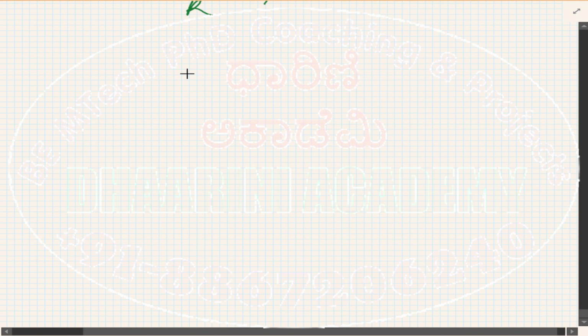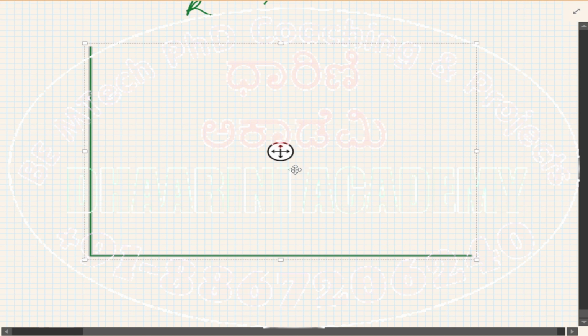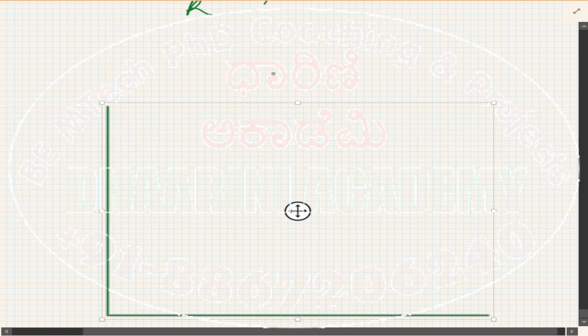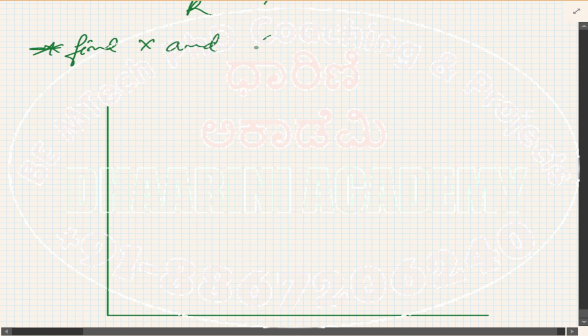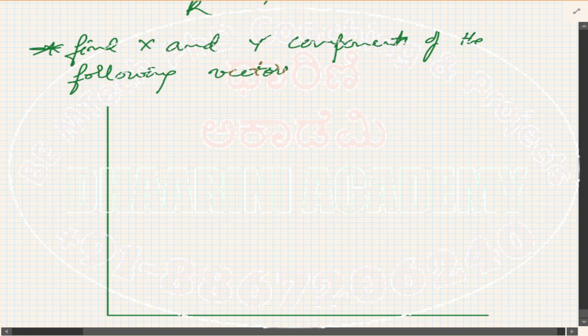Okay, problem to solve. The question is to find x and y components of the following vectors.